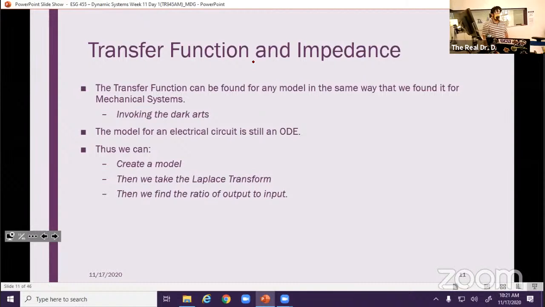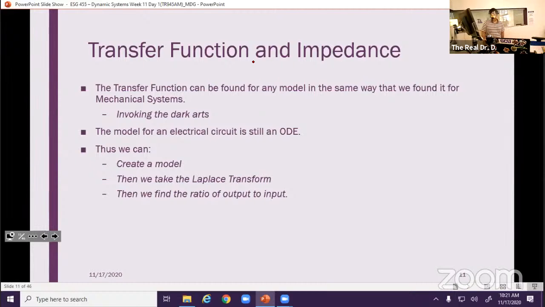So we can model a circuit in this way too, because it's just an ODE. You might have noticed that most of the systems that we've been doing so far for all of the Laplace transforms have been mechanical in nature. But there's a very specific methodology that we can use when we do circuits.